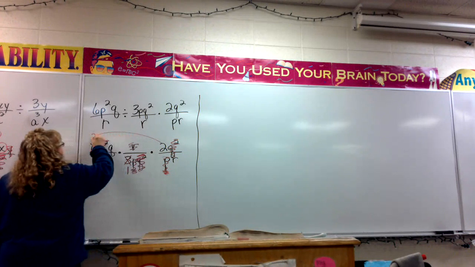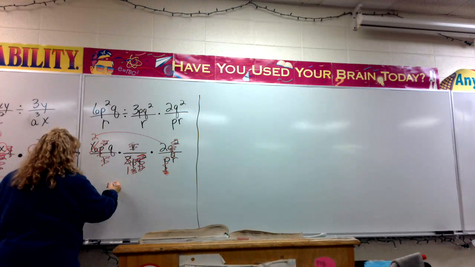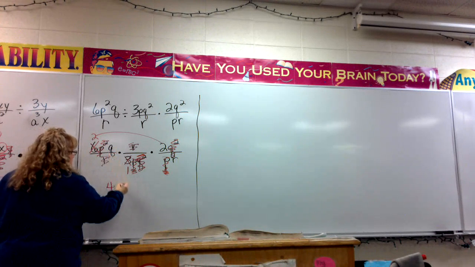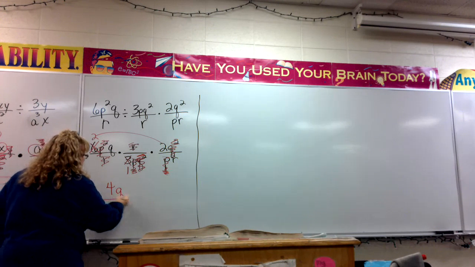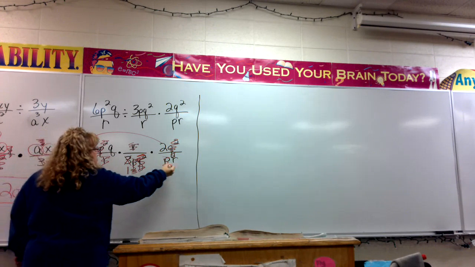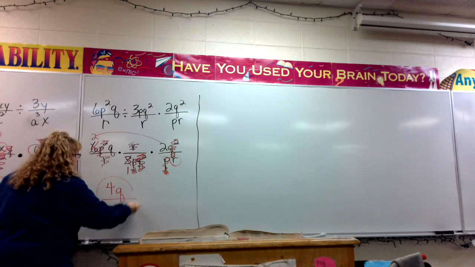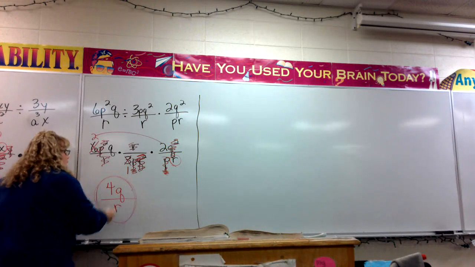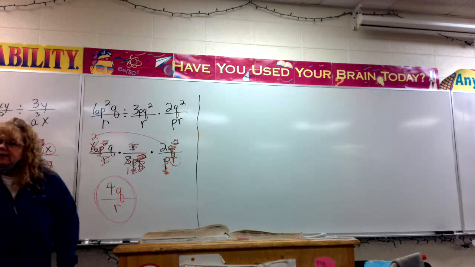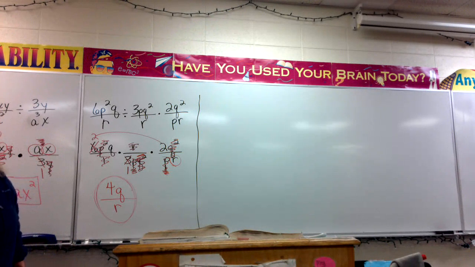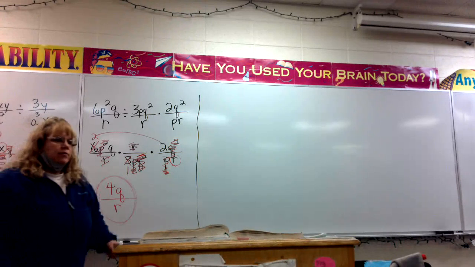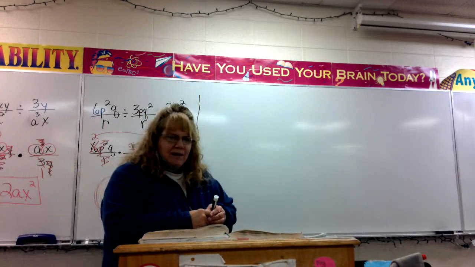What do you have? 2 times 2 is 4q. I think that's all I have. On the bottom, just this one right there. So your simplified would be 4q over r. Not too bad, right? Questions so far?